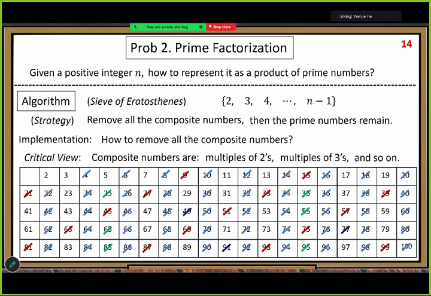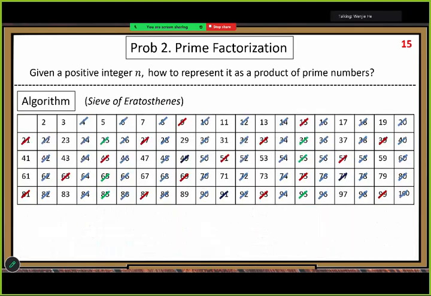Why is it correct? I need to explain why it is correct. It's not hard to understand. We want to understand better how we know that the algorithm is correct.